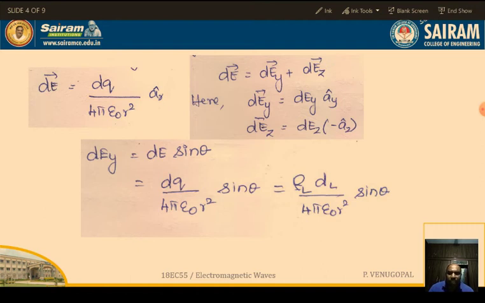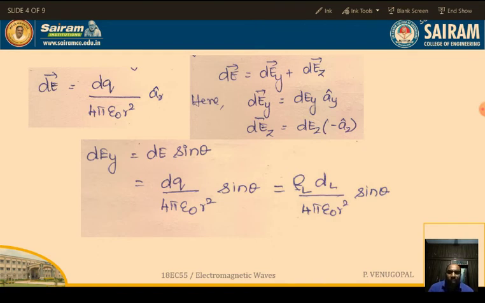At the end you can represent it in the vector form. So dq by 4 pi epsilon r square into sin theta is dEy, that is the magnitude of the vector dEy. Now replace dq by rho L into dl. How? Rho L is the linear charge density, which is nothing but the ratio of dq by dl. Therefore dq can be replaced by rho L into dl, giving rho L dl by 4 pi epsilon r square into sin theta.